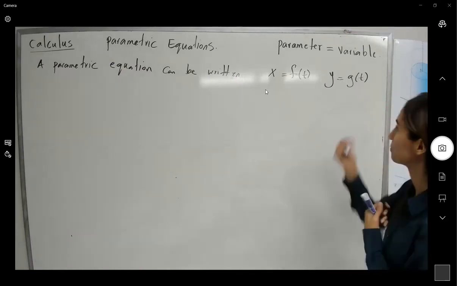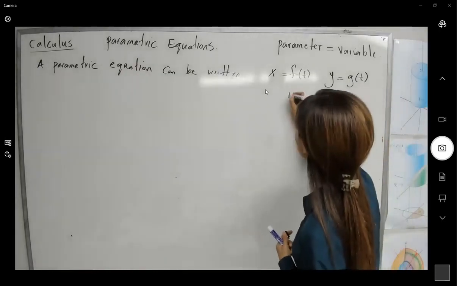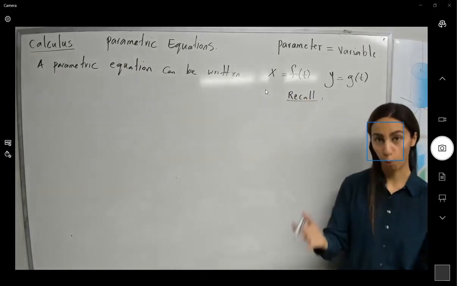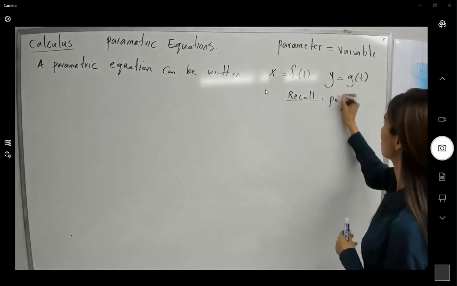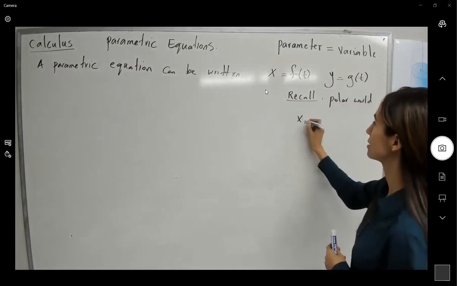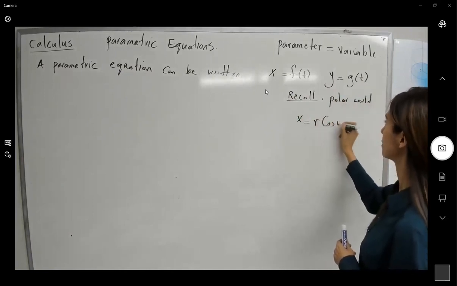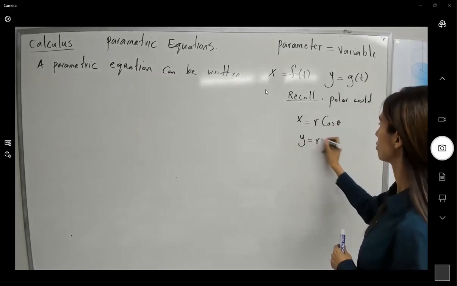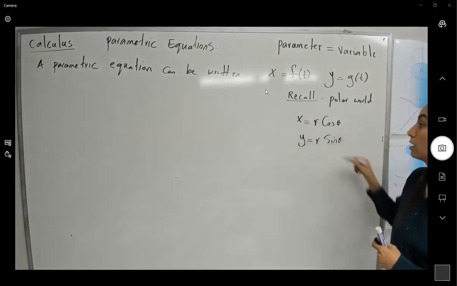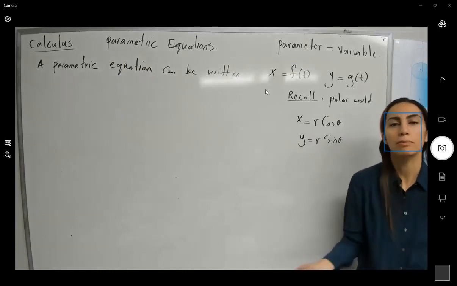Recall that in pre-calculus, you learn that when you have polar coordinates, x is equal to r cosine theta and y is equal to r sine theta. This theta, this angle, is a parameter.